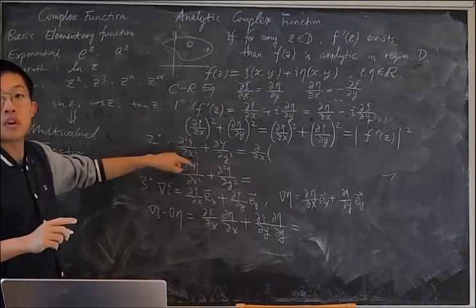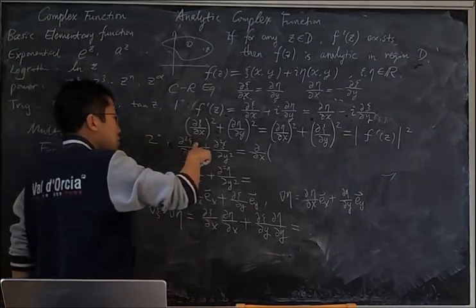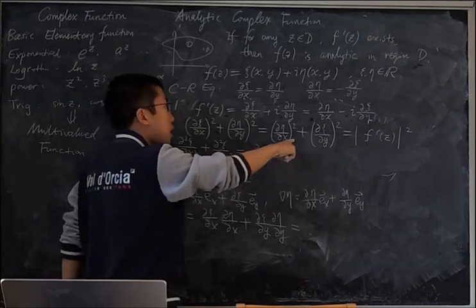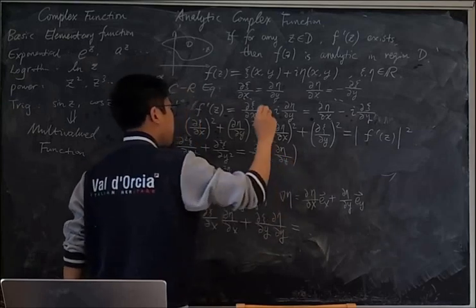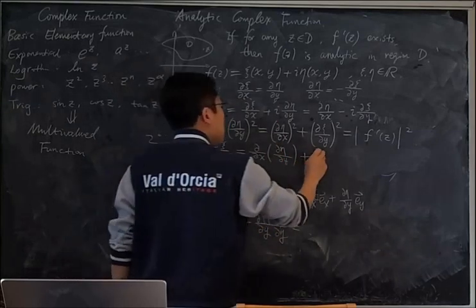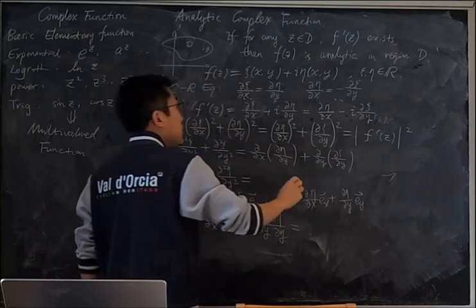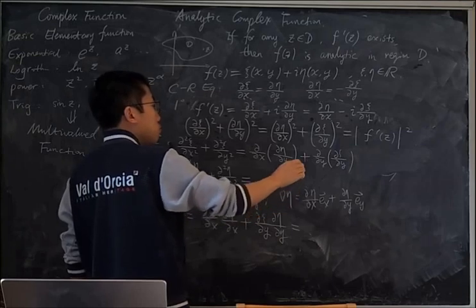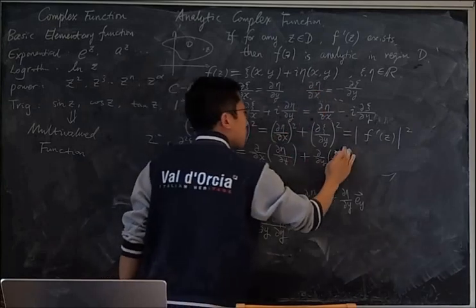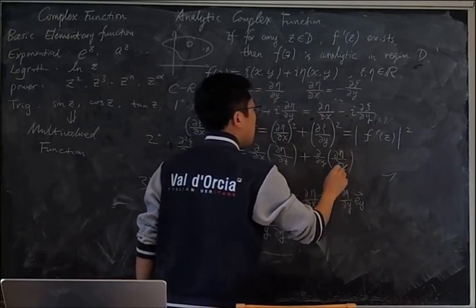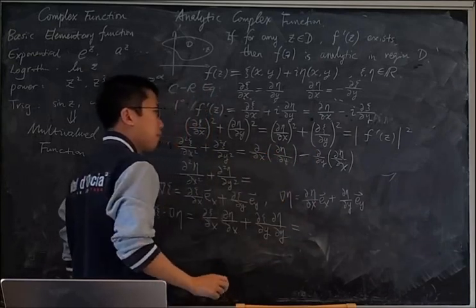But now we use the CR equations to rewrite this: I don't write partial cosine over partial x anymore, but I write partial eta over partial y. For the second term, it's partial over partial y of partial cosine over partial y, but again I use the CR equations to rewrite this partial cosine over partial y as the negative of partial eta over partial x, and here's a negative sign. Because there's a negative sign, I change this plus sign to a minus sign.